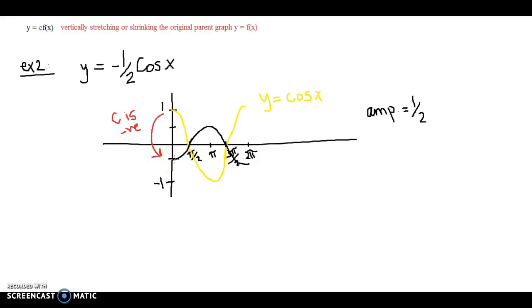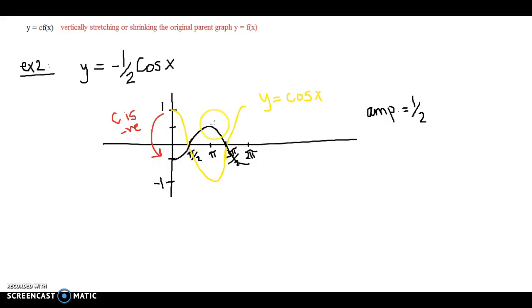Also, because now it's at negative a half, the amplitude is just 1/2, so it's going up to a half and going down to negative 1/2. So instead of going up all the way to 1, it is now reflected and shorter, because c did shrink the graph.